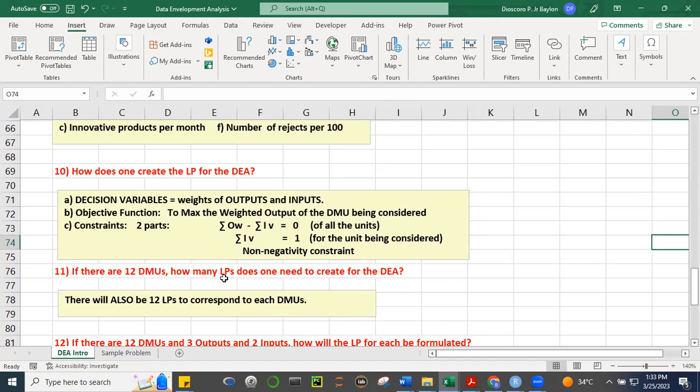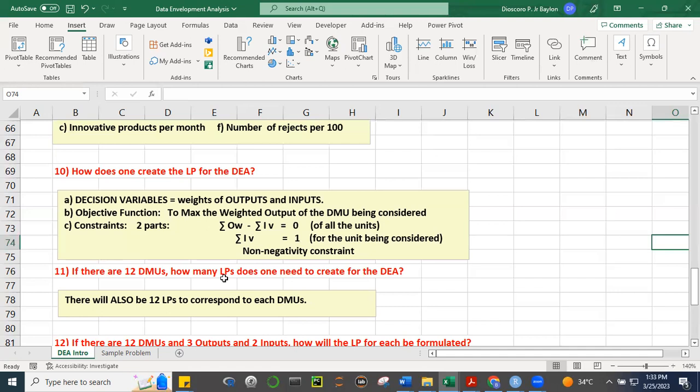Because the objective function will always refer to one specific DMU. And since we have to get the weighted efficiency of all the DMUs, then as many DMUs as we have, that's as many linear program models.